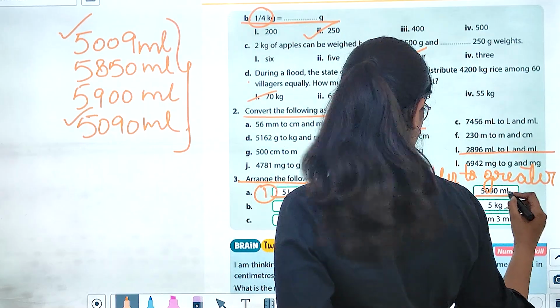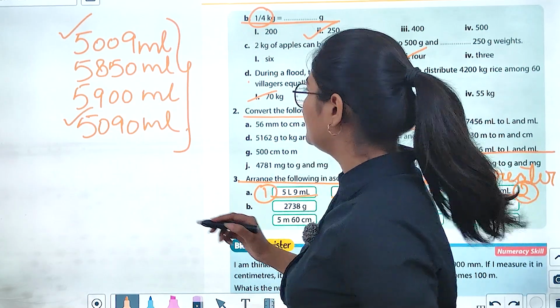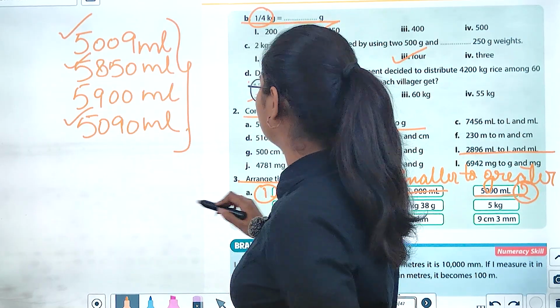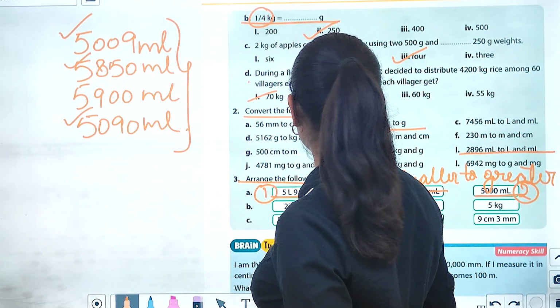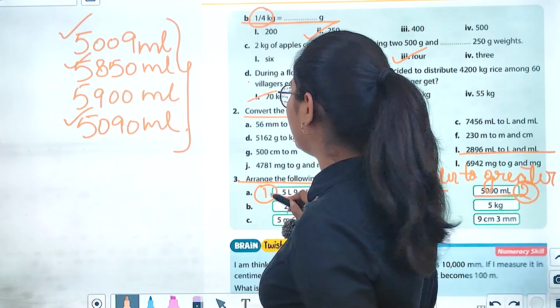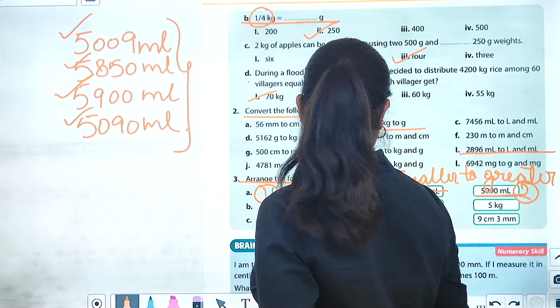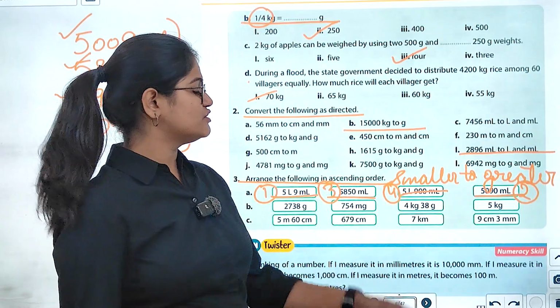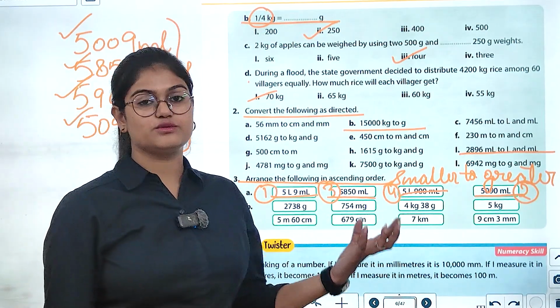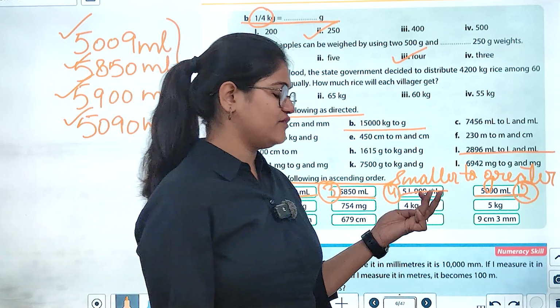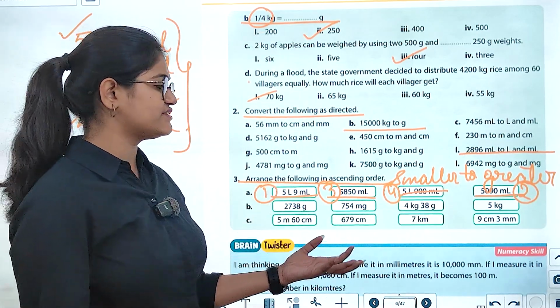So this is going to be the second one. Then third is the 5850. And the last one is 5900, so it is the fourth one. Clear? So this is how we are going to arrange all of these units into their ascending order.